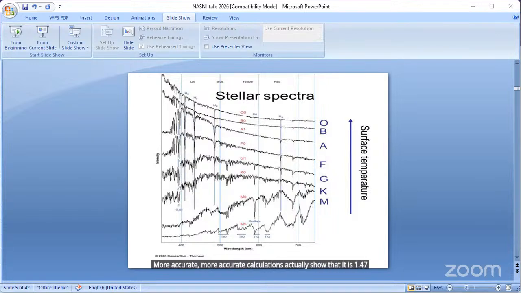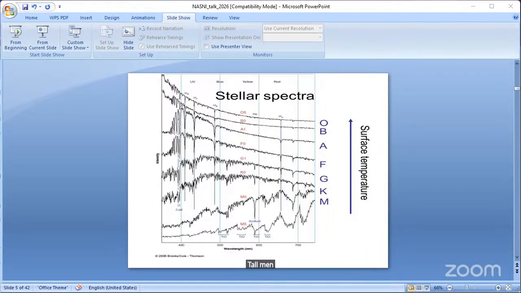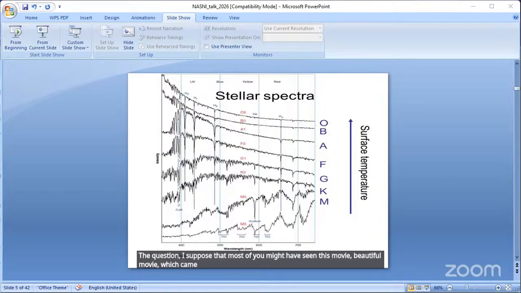This is for neutron star equation of state, which is very complex, but this is also known as the Tolman-Oppenheimer equation. I suppose that most of you might have seen the beautiful movie which came previously, Oppenheimer.